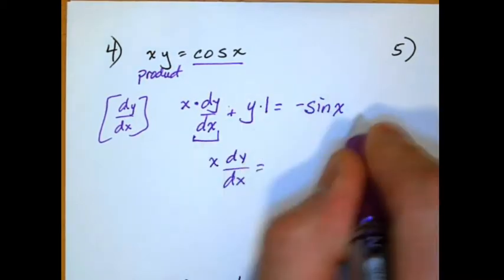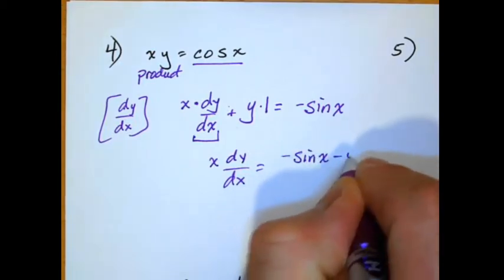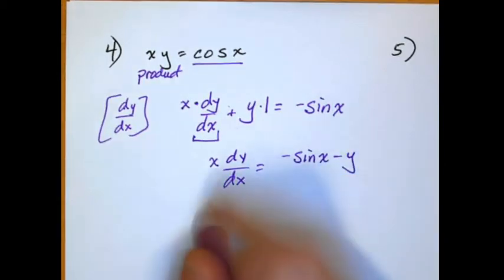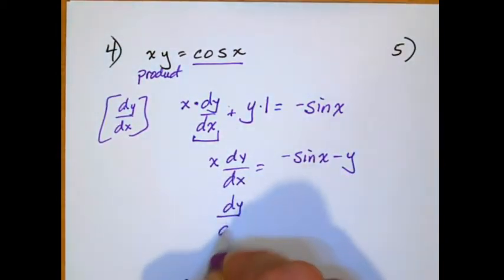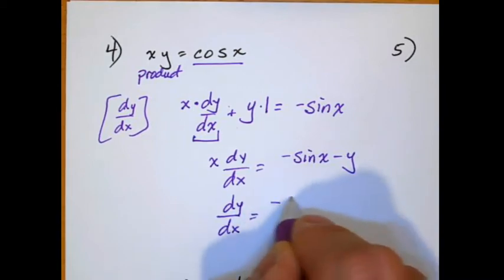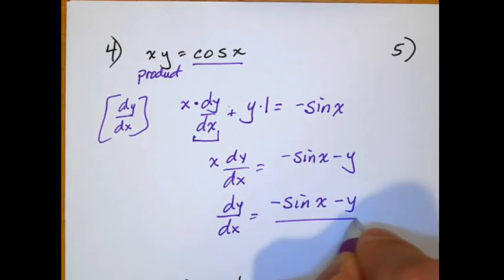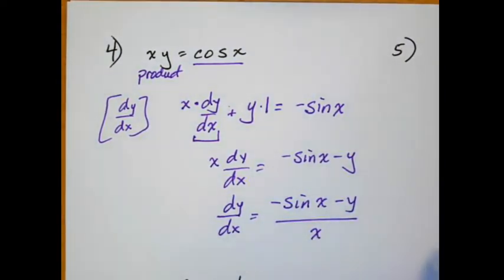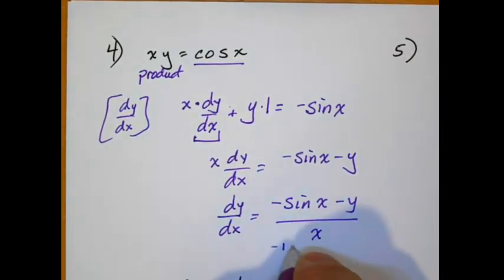Subtracting y, it doesn't matter which way in this case you're subtracting. You could do negative y minus sine x. And then in order to get dy/dx by itself, they are going to divide by x. Now, I believe what they did from this point was they factored out the negative 1 in the numerator.